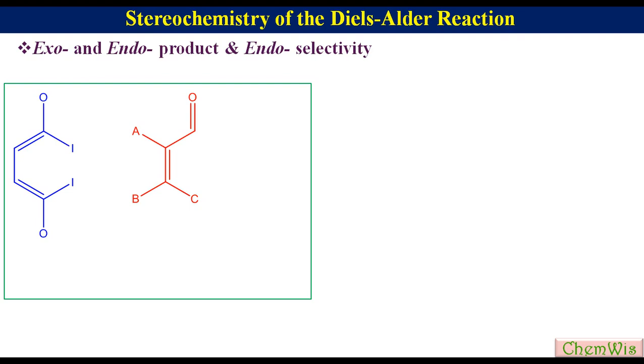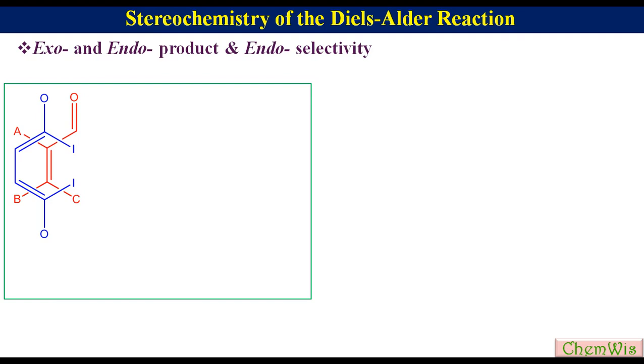During the reaction, the double bond will be developing here. There are two ways in which the dienophile can orient in the transition state to form diastereomers. The dienophile can orient like this, where the pi bond containing group, which is CHO in this case, is directing away from the developing double bond.